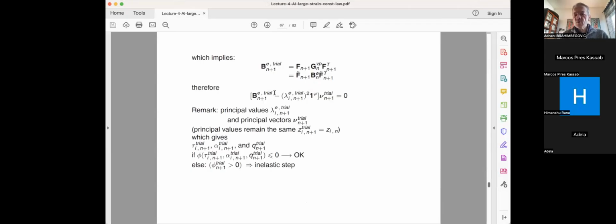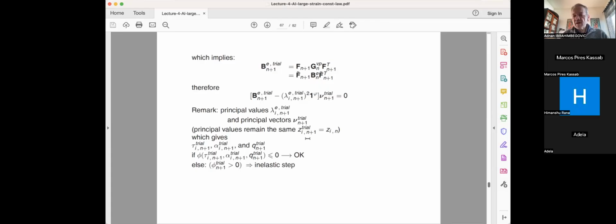I have to recompute the new principal direction for a new n plus 1 trial, given my elastic value of this lambda n plus 1 trial. Of course, in this case, all these values simply remain the same from the previous step, but the principal directions are changing.